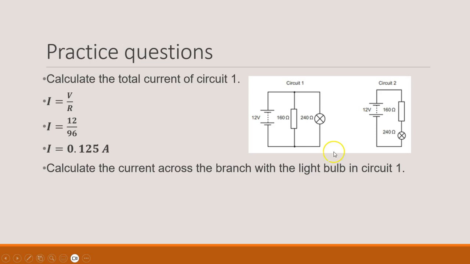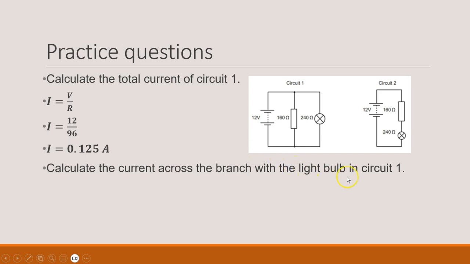Calculate the current across the branch with the light bulb in circuit 1. We want the current here. We have the resistance of the light bulb, it's 240 ohms. And what is the voltage across each parallel branch? It is the same as the total voltage of the battery.